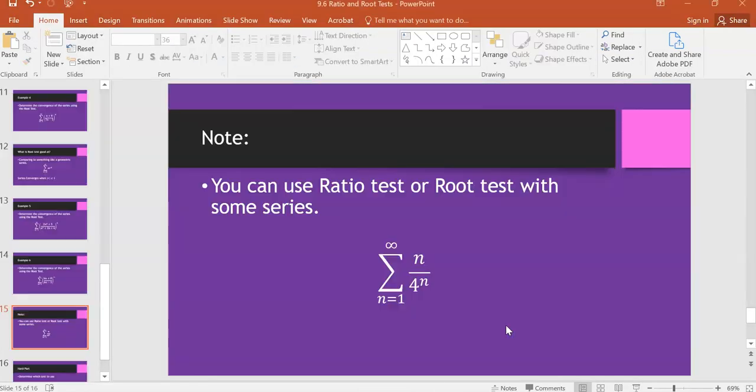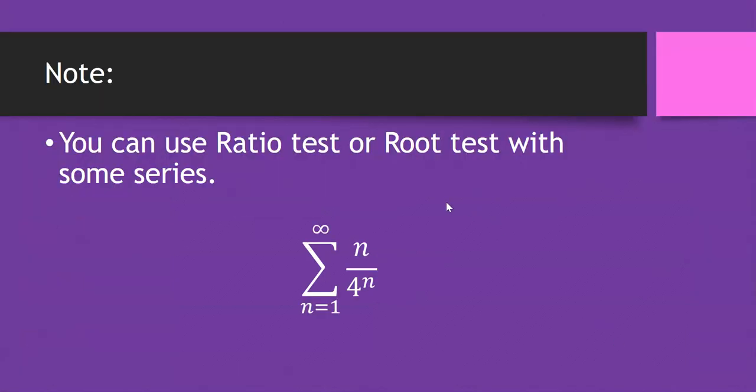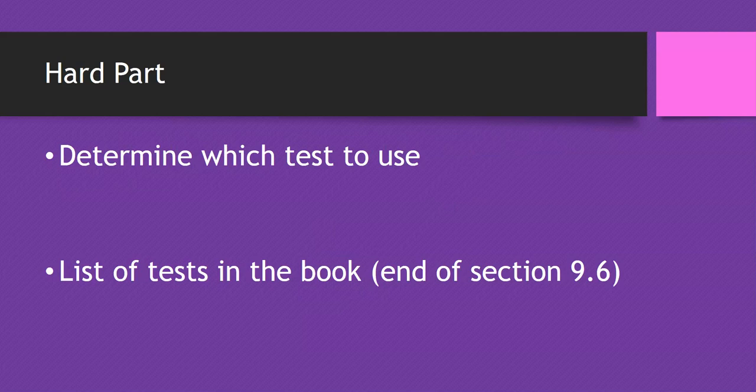Now you can see some of the difficulties with these situations. The hard part of putting all of the stuff that we've dealt with from 9.2 up to here, 9.6, is determining which test to use, right? We've dealt with so many different tests. We've dealt with comparison tests, the integral tests, P-series tests, alternating series tests, and now the ratio and root tests.